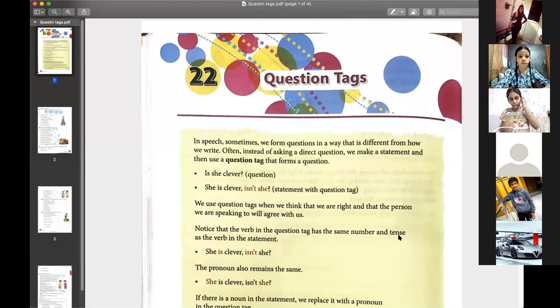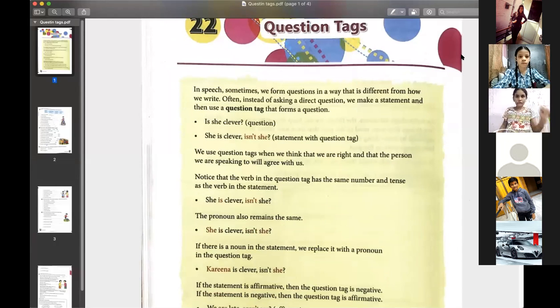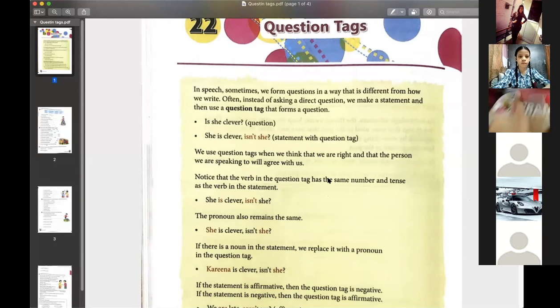Now, as we discussed, we use question tags when we think we are right and that the person we are speaking to will agree with us. A question tag has the same number and tense as the verb in the statement.